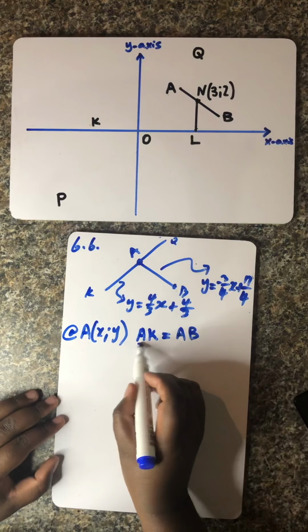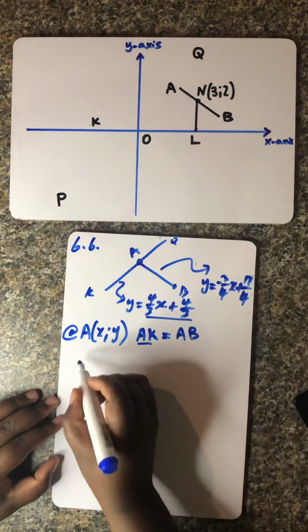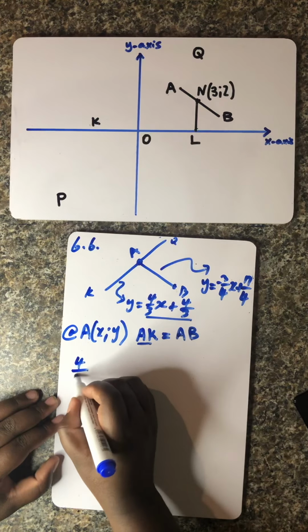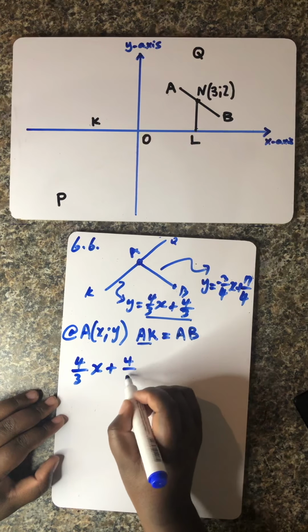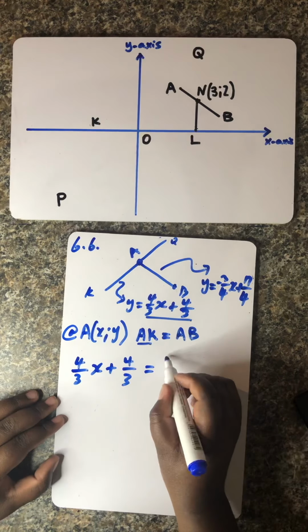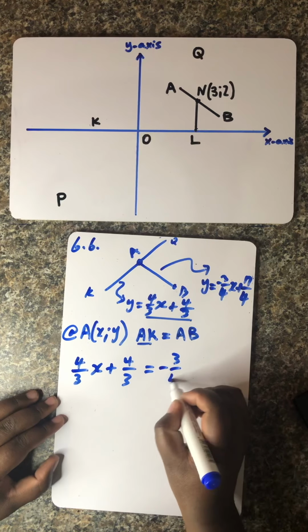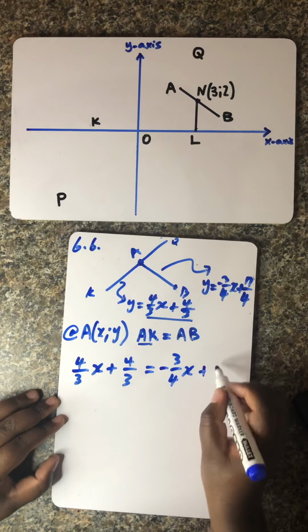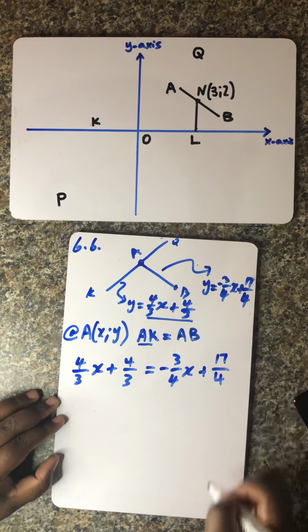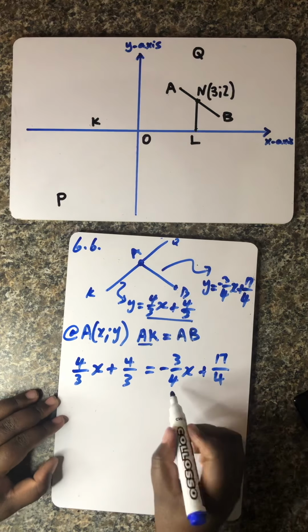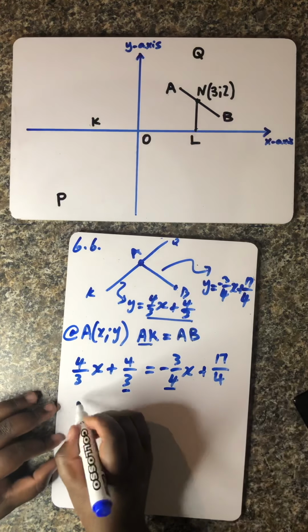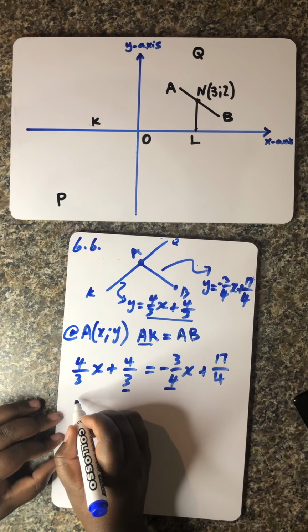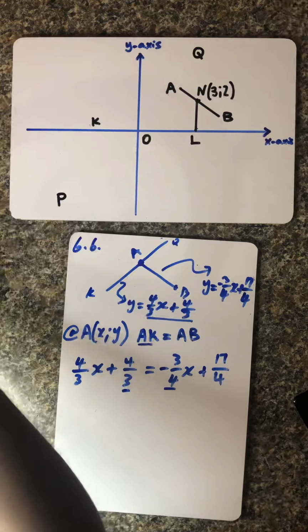So what is straight line AK? It's 4/3x plus 4/3 is equal to -3/4x plus 17/4. Then I can just move this to the other side, and I can just punch it on a calculator.